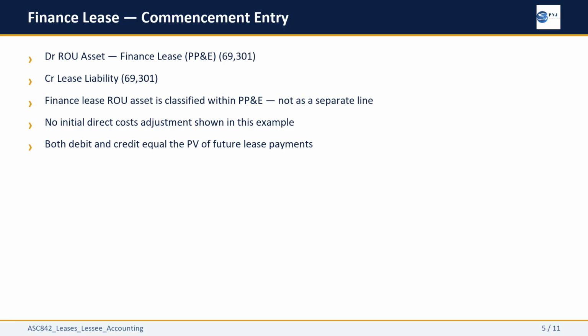This ROU asset is inside PP&E, not a separate lease line on the balance sheet. That presentation difference from the operating lease ROU asset is a deliberate design choice under ASC 842, reflecting the economic substance that a finance lease is similar to purchasing the asset with debt financing.